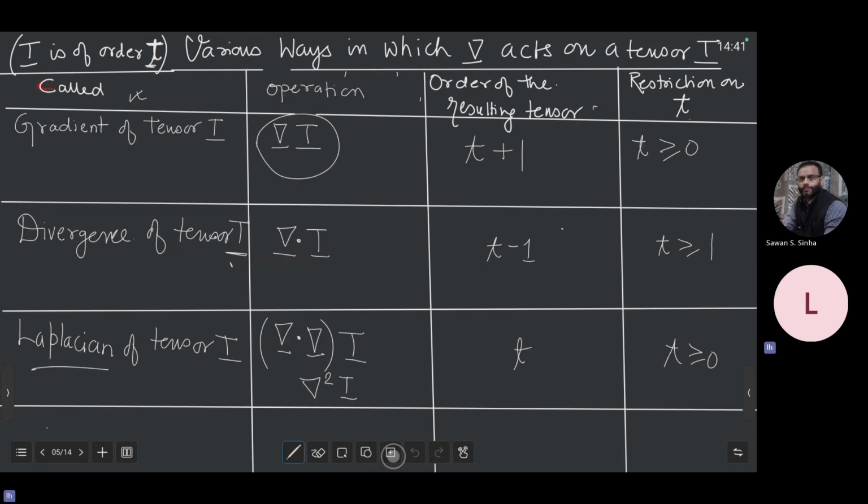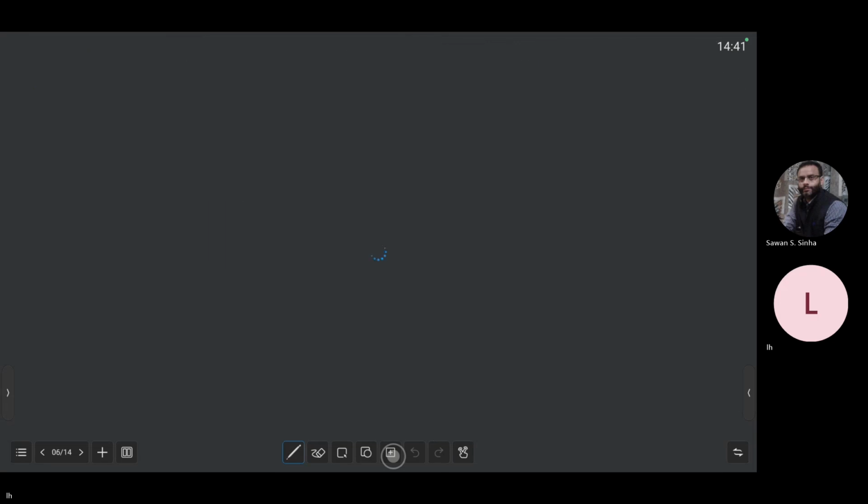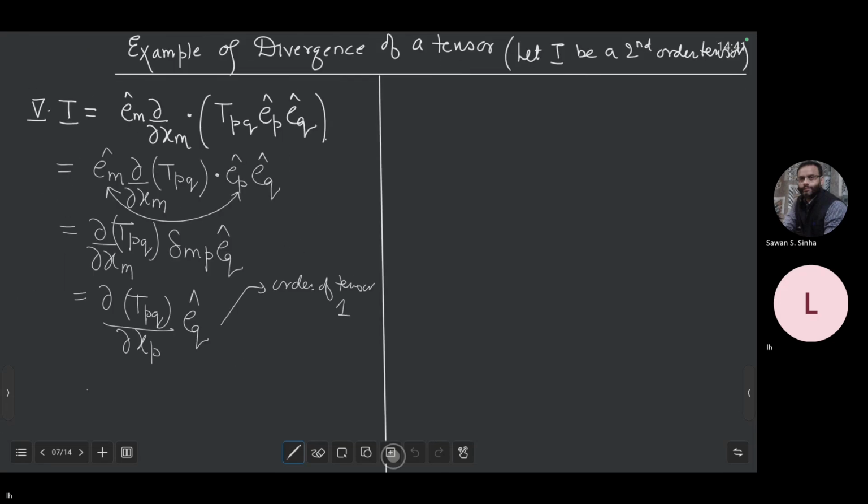Started with second order, minus 1, 1. The other question, how many terms in this summation? 9. 2 repeated indices, P, Q.